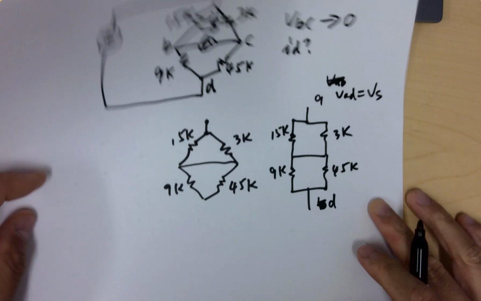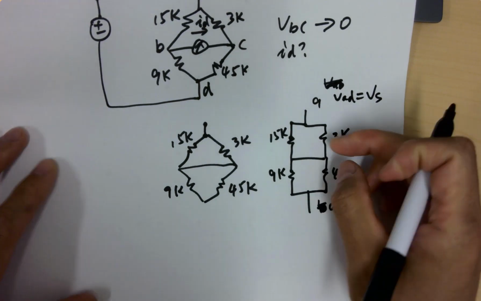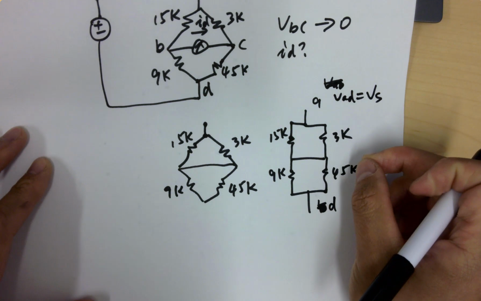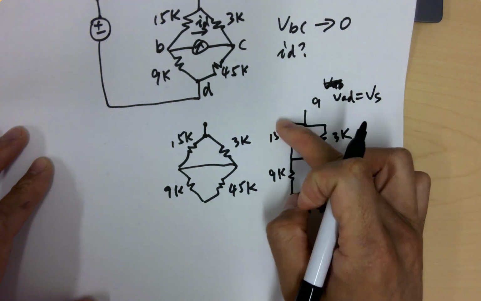Okay, so in that case, we can calculate the voltage of these two parallel resistors.